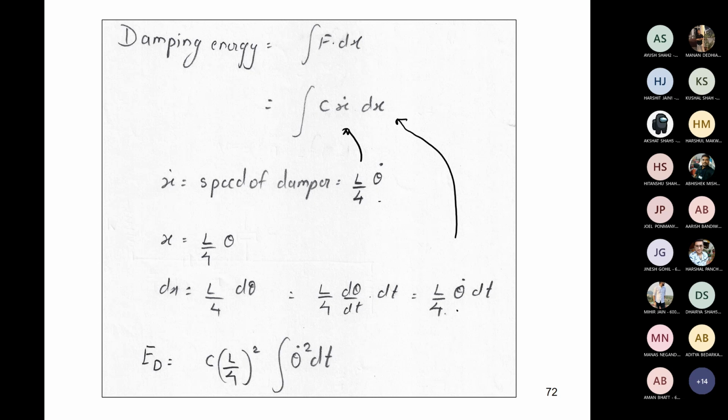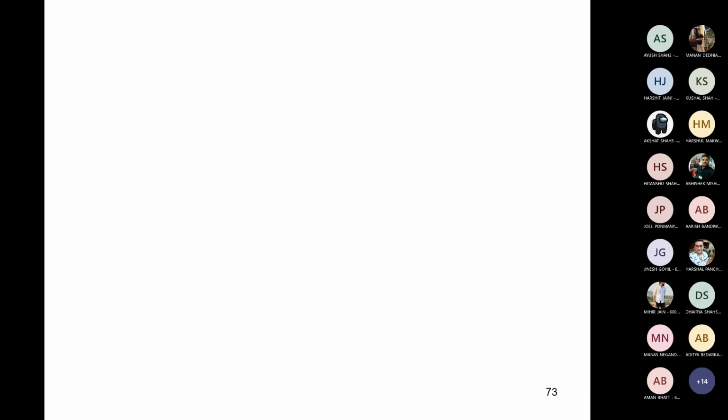Alright, so now we are going to solve it by a new approach. So let's sum up all the three energies. Let's write down the potential energy. Potential energy is equal to half K torsional equivalent into theta square.